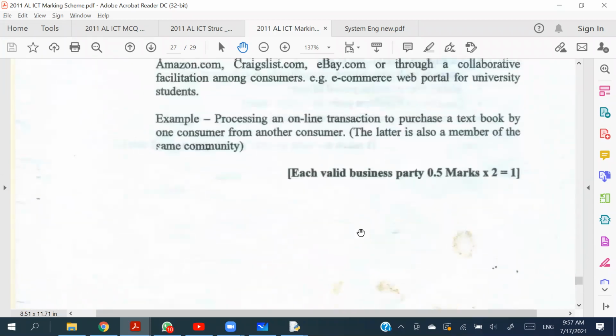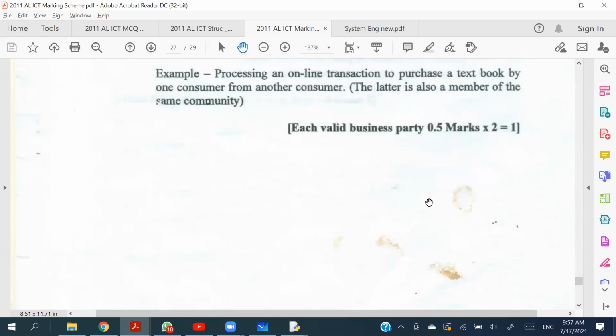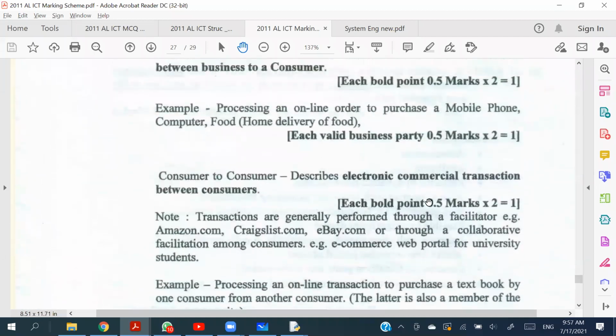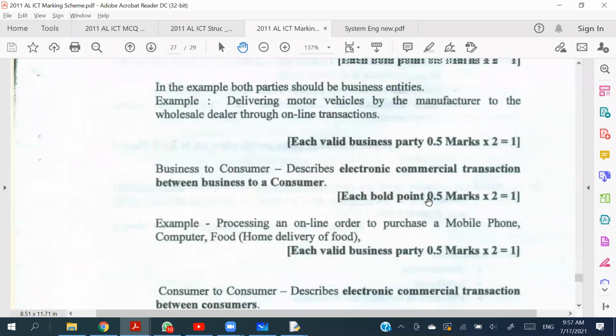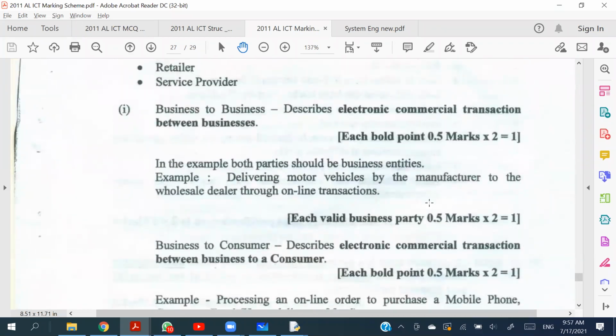It says each valid business party 0.5 marks, times 2, that is 1. Marks are given 2 for each type: for the explanation, the definition, there is 1 mark, and for the example there is 1 mark.